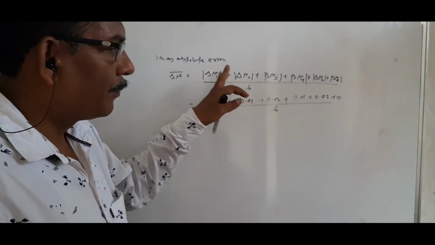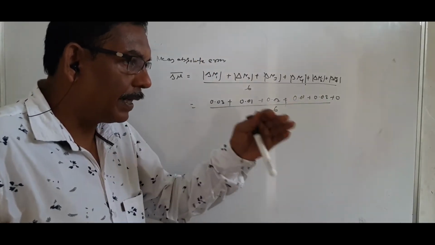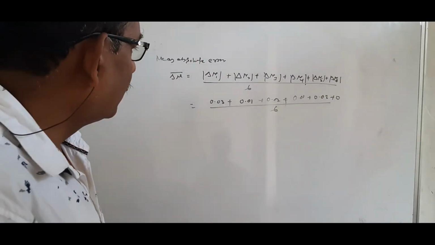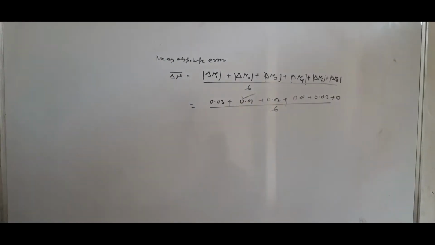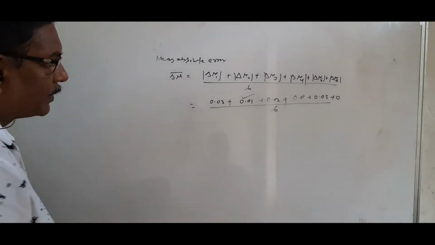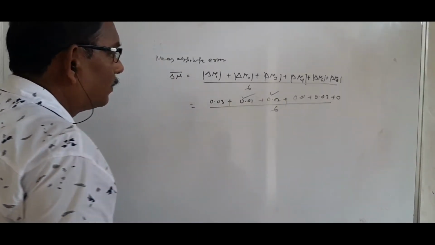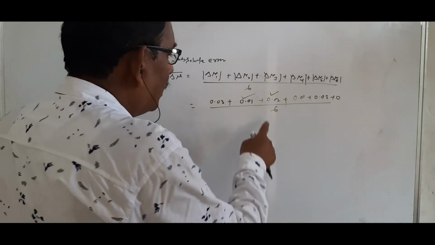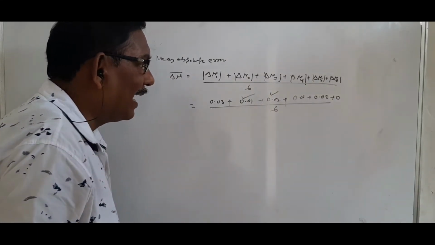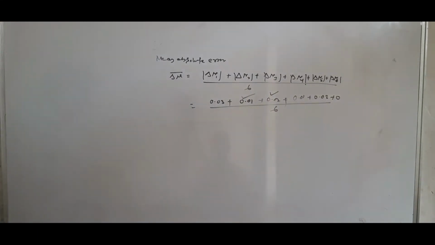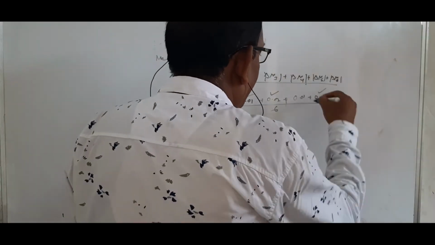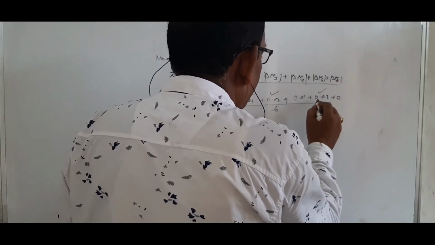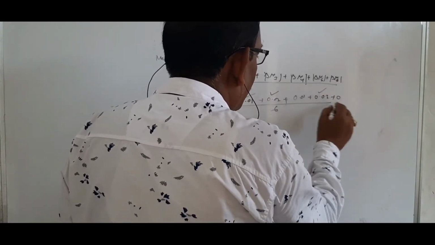By taking the modulus of all values, the negative values became positive. 0.01 was negative, and after taking mod it became positive. Similarly, 0.02 after taking mod became positive, and the other value 0.03 also became positive after taking the modulus of the negative value. Clear?